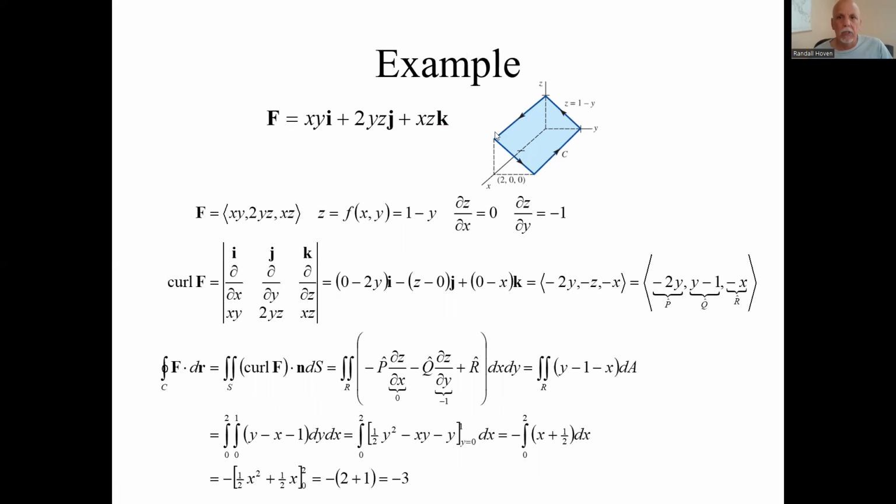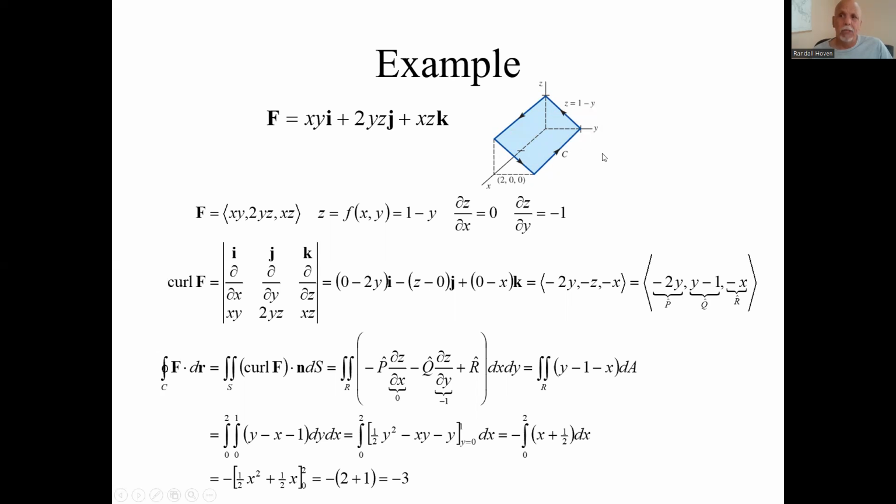Here's the vector field, and the curve is this wire frame here. We're given the curve with the arrows on it, which is the edge of this surface. The surface we'll pick is just this flat piece of a plane. We could have picked some other weird surface, but the easy thing to do is this flat plane.